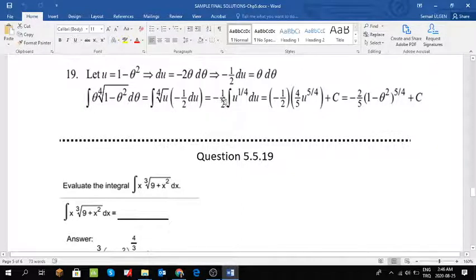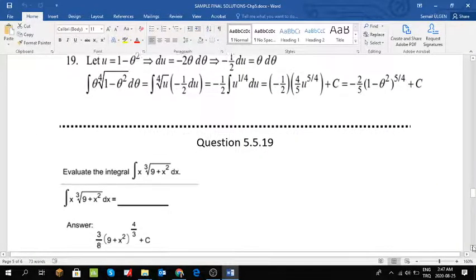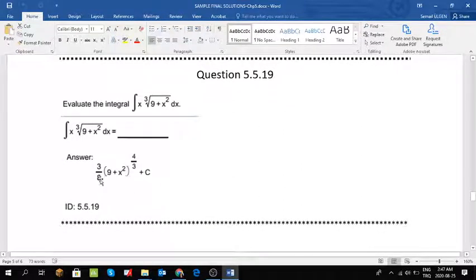This is the same as negative 1 over 2 outside, the fourth root, increase the power by 1, divide by it, plus c. You get this as the answer, right? You have to convert u to theta, and you just put u equal to 1 minus theta squared at the end. You can try this one at home to see whether you get this answer or not.